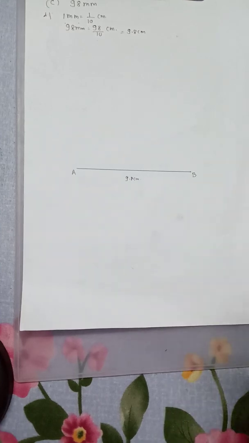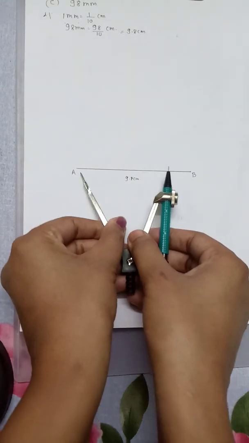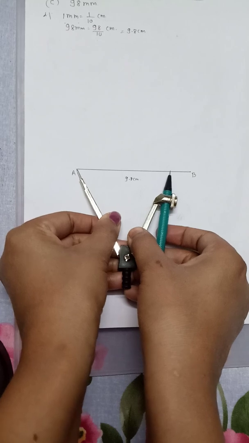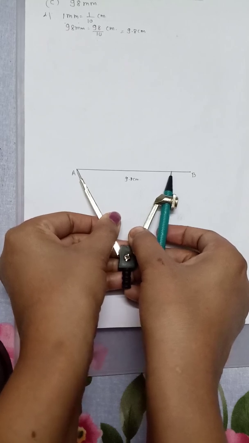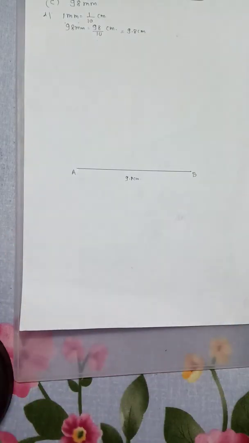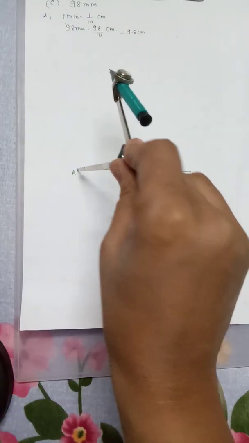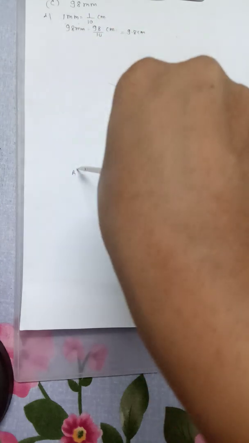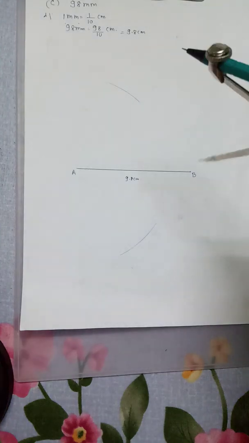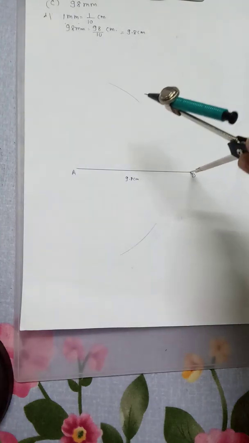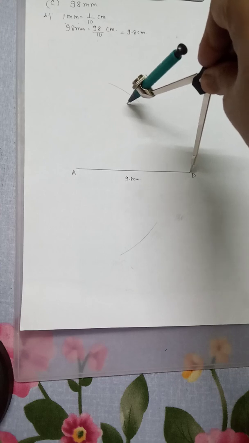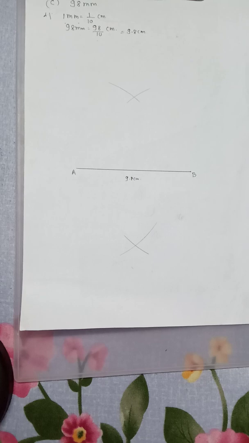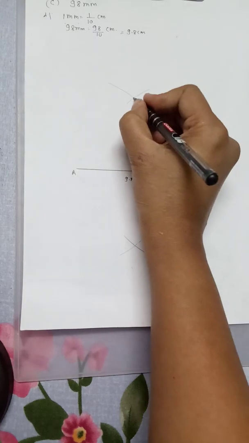Now we have to draw the perpendicular bisector of 9.8. Same as before, I have to take more than half radius. So from A as the center I'll stretch my compass to B, like this. Now with A as the center I will draw one arc upside and downside. Now the same way, with the same radius, B as the center, I will intersect the previous arc. You can see I got two intersecting points here.